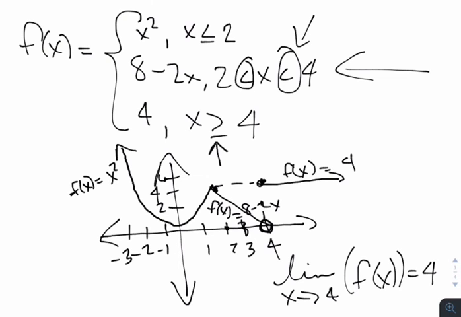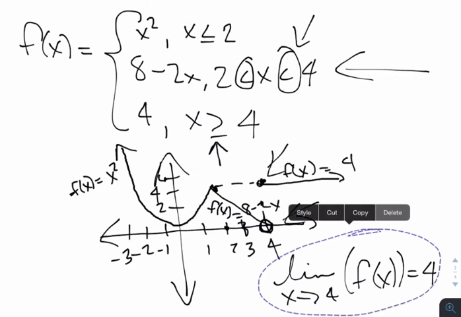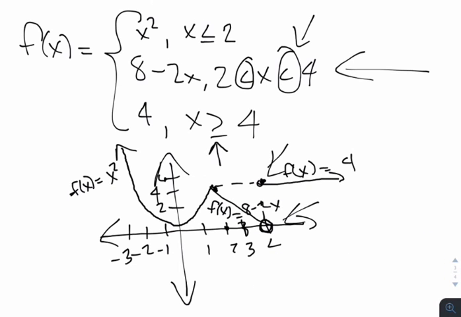Because you have a hole here, and then it starts at another point there. Actually, never mind. My mistake. There is actually no limit because the right-hand limit does not equal the left-hand limit. Like I said, this may be a little bit more confusing, but we'll be going more in depth with this in an upcoming video where we evaluate limits graphically.